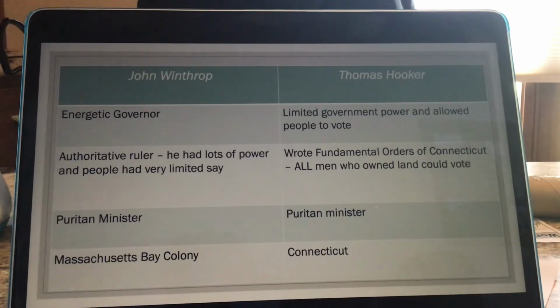People voted on the laws and what they wanted. It's also important to note that he wrote the Fundamental Orders of Connecticut, the first formal government plan, you might call it. Okay, and all men, it didn't matter if they were Puritans or if they believed in some other religion, they all got to vote, if they owned land.